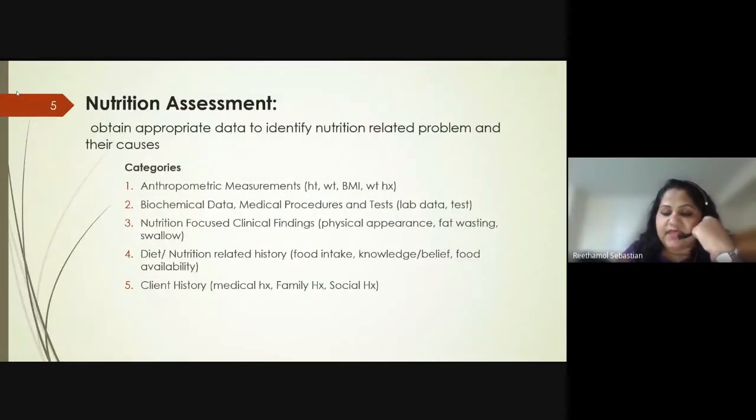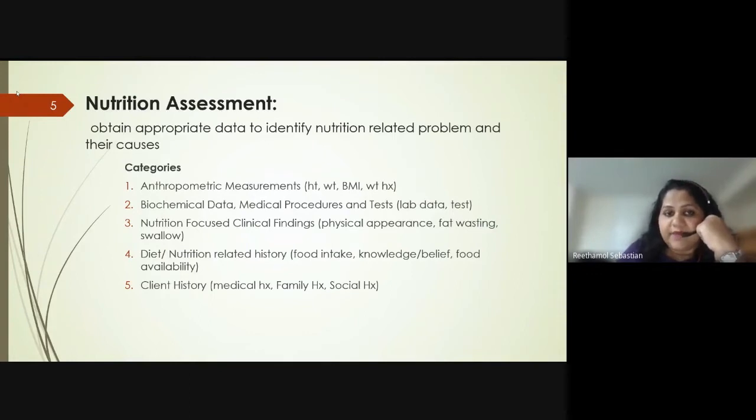So once you get the information from the nutritional screening, we obtain the appropriate data to identify a nutrition-related problem or the cause of that problem. When we study, you must have seen ABCD, like anthropometric, biochemical, something like that. So the basic categories: anthropometric measurements, which include height, weight, BMI, and weight history, which means, did he have any recent significant weight loss or weight changes.